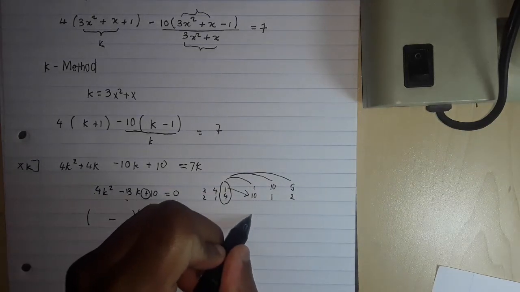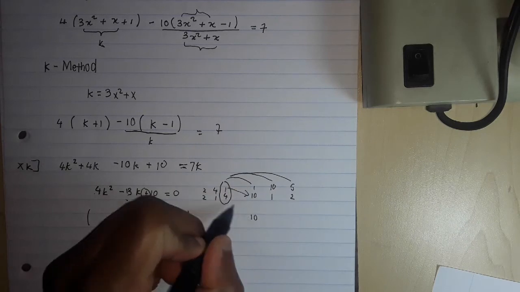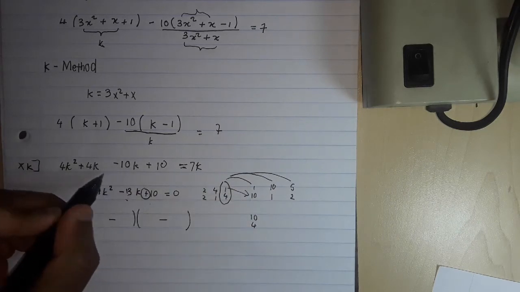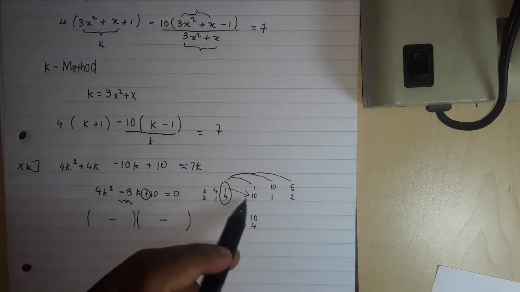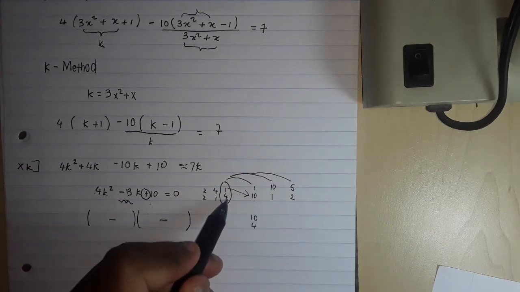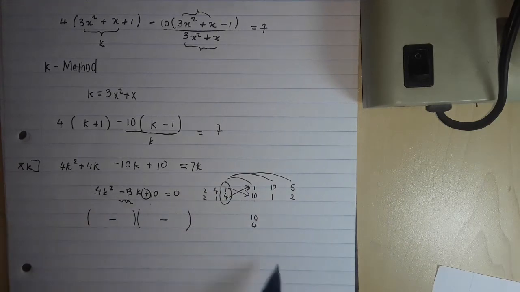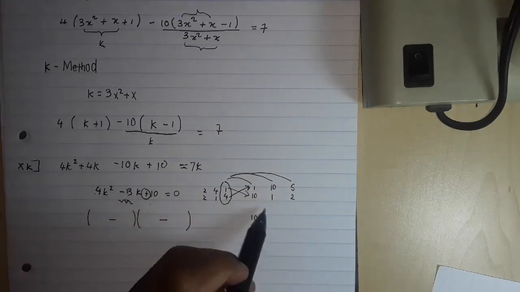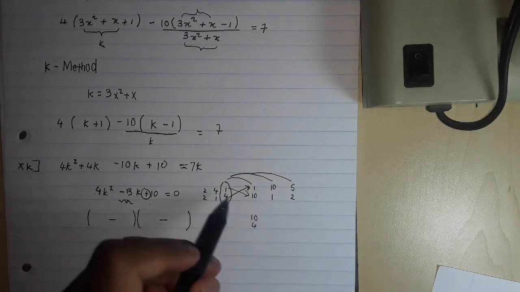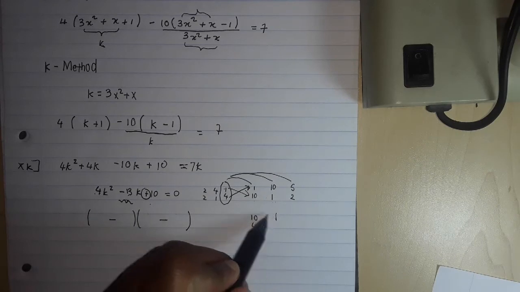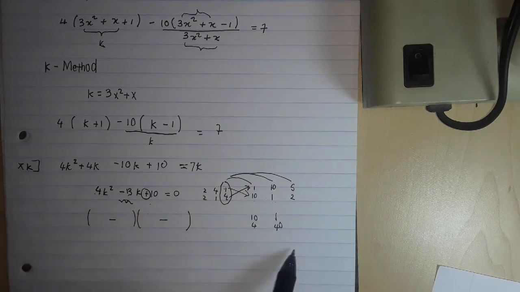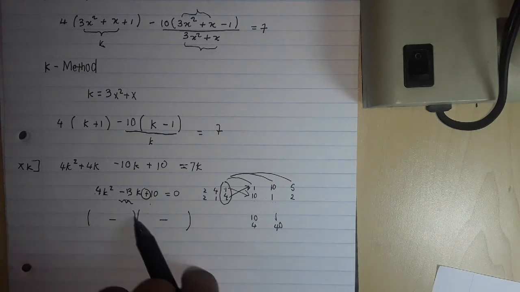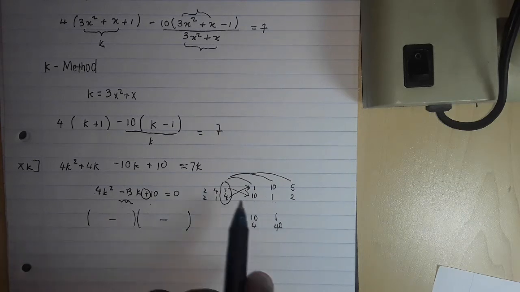We'll have 10 and then 4, right? What we want to achieve is minus 13. That's the middle term that we want to achieve. So we have 1 times 10 is 10, 4 times 1 is 4. It won't give us that. And also if we try this right here, 1 times 1 is 1, 4 times 10 is 40, and this won't give us minus 13, so we continue to the next one.